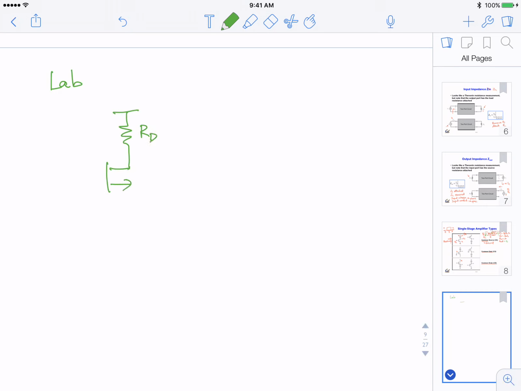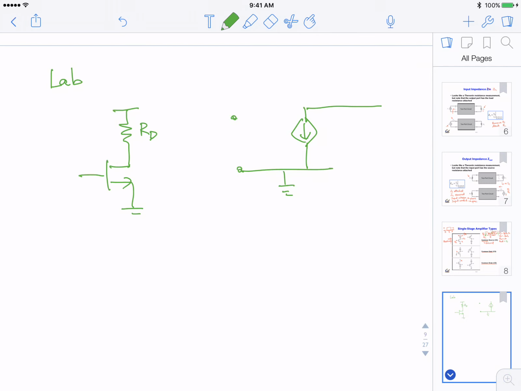So if you have RD, and if you ignore RO, your small signal circuit looks like this: no RO here, but you have RD, and the supply is equivalent to AC ground.